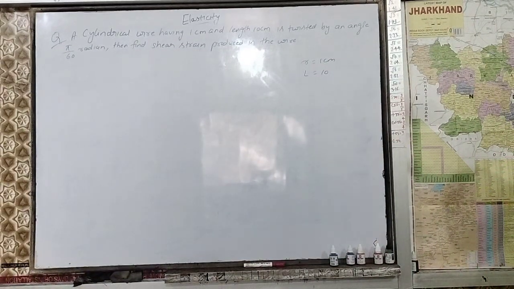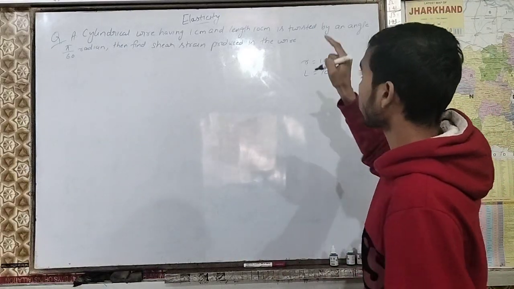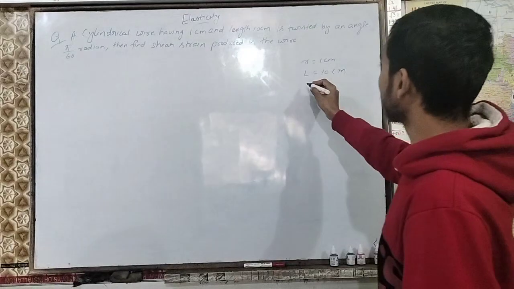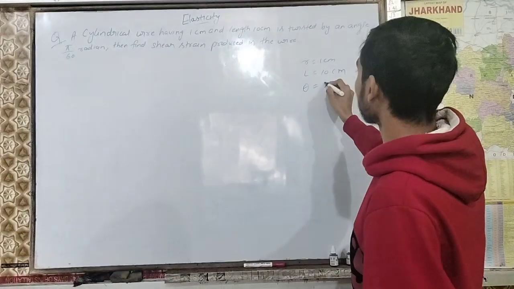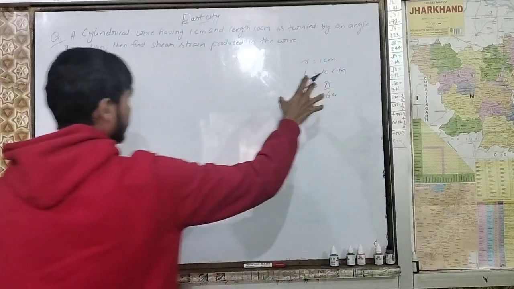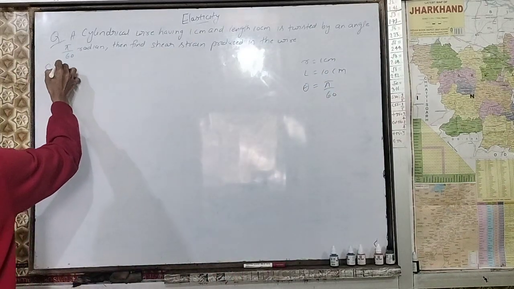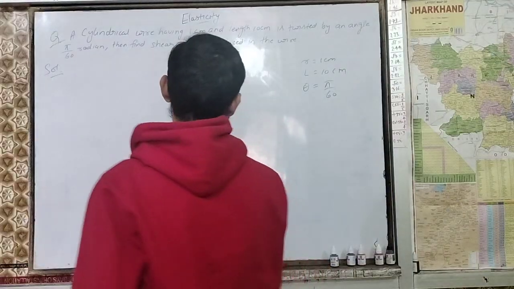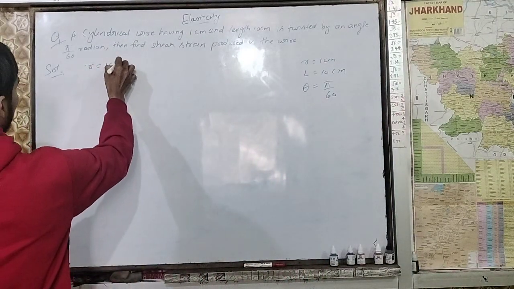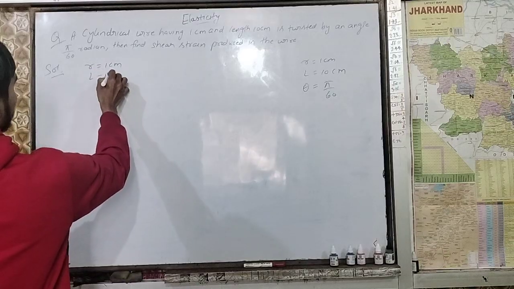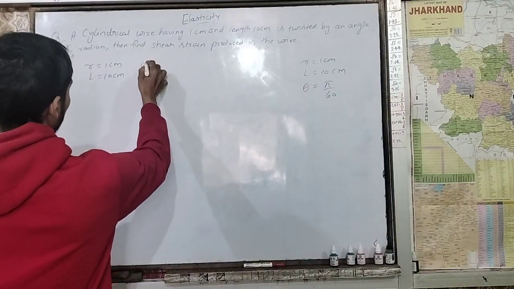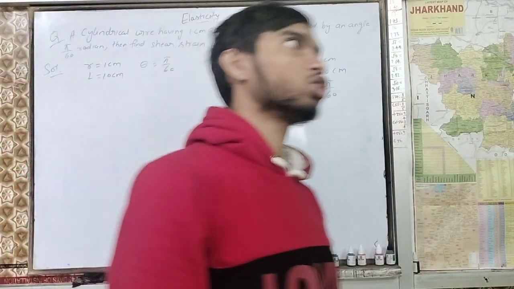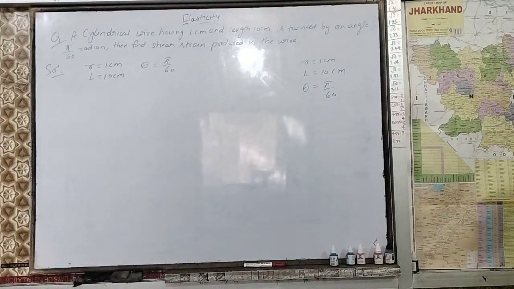This cylindrical wire is twisted by an angle of pi upon 60. These are the things given by the question, and we can write them in our solving area. Pi upon 60 is 180 upon 60, so I think the angle is coming 30 degree.